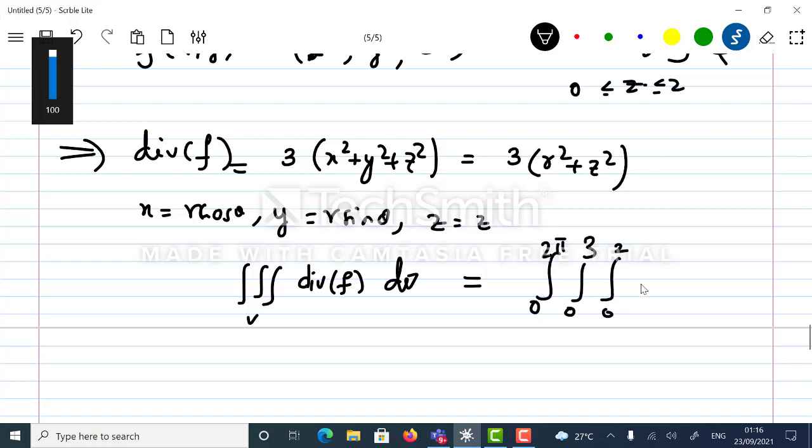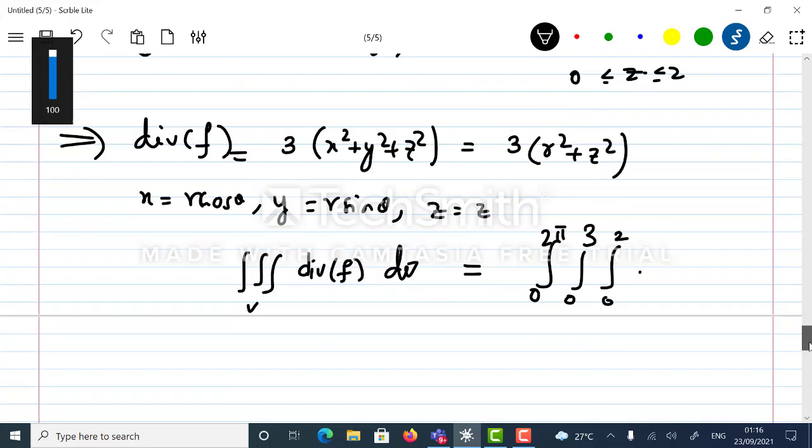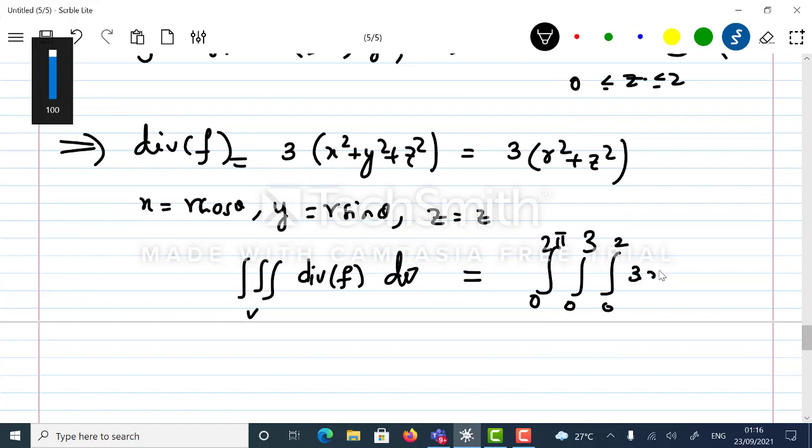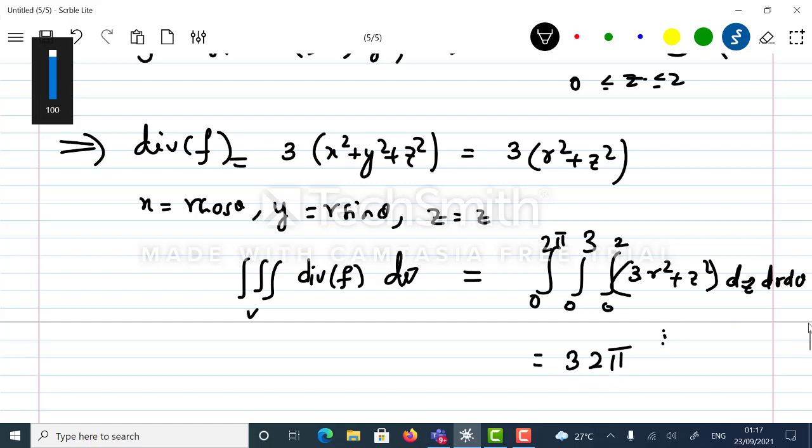Then the integrand is the divergence of F we have calculated, 3(r² + z²), and the order of integration is dz dr d theta. If you solve this, you will get 32 pi as the answer.